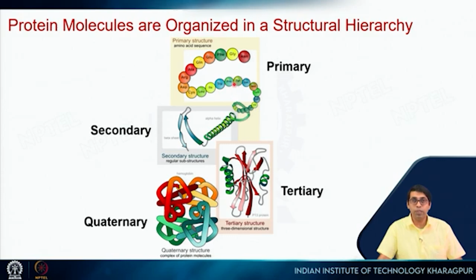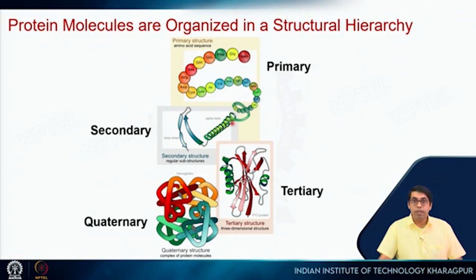Coming back to the hierarchy of protein structure, protein structure can be divided into 4 levels. The sequence in which amino acids are connected to each other is called the primary structure or primary sequence of the protein.